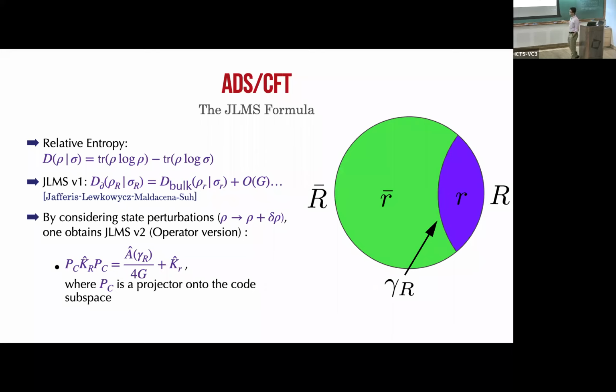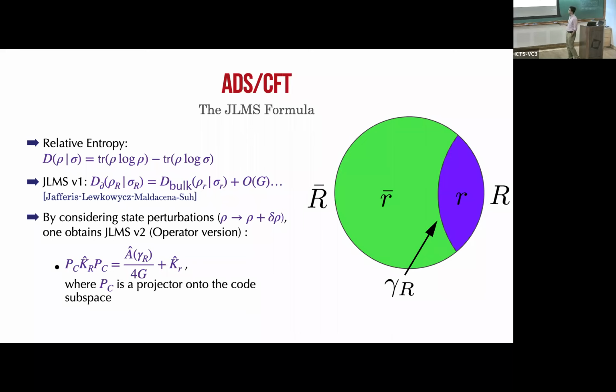And in fact, this was the first step in trying to prove something like subregion duality. This was the first motivation for understanding that these regions are dual to each other in some sense. So if a state is distinguishable in this region, it's also distinguishable on the boundary, right? Okay, so that's one way to phrase their result.